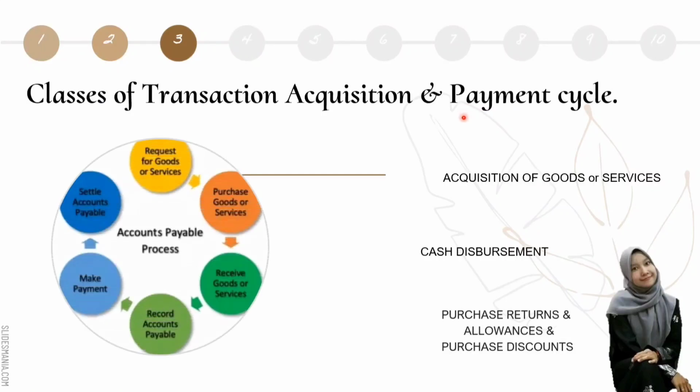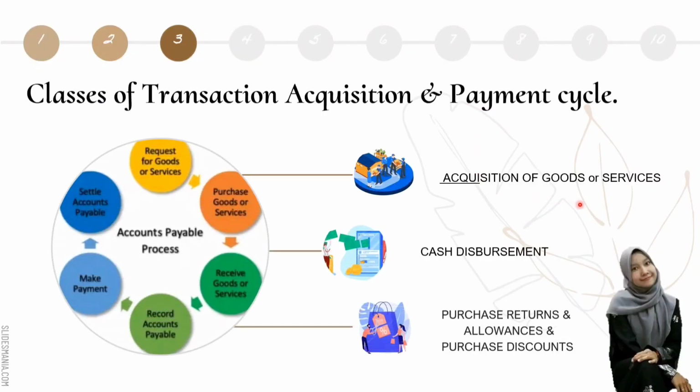The first class is acquisition of goods and services, which includes the acquisition of things such as raw material, equipment, supplies, utilities, and research and development. Once we acquire assets, we need to pay for them, so we will have cash disbursement.